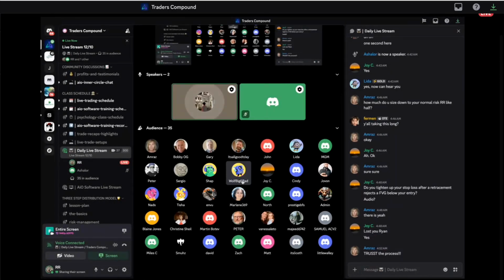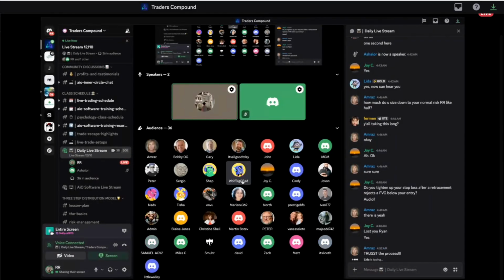It's December now. It started back in late August, early September, maybe. There's been enough data at this point regarding win rate, risk reward, return that the numbers are there.